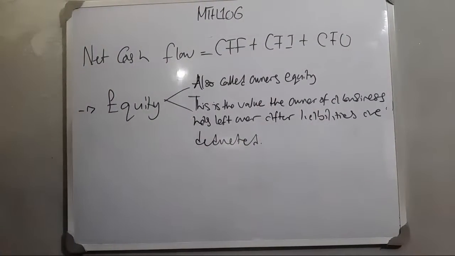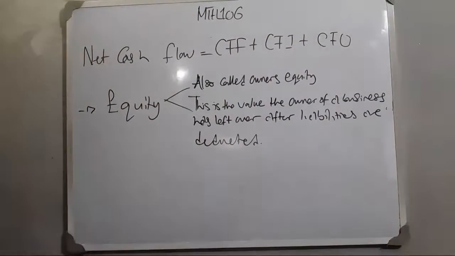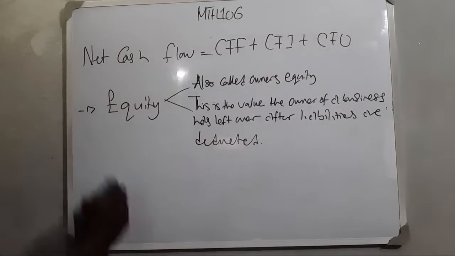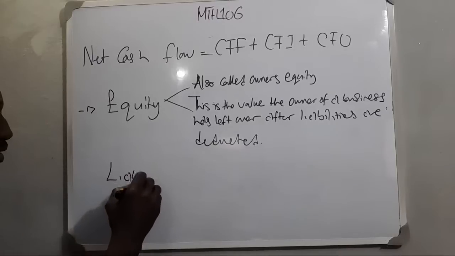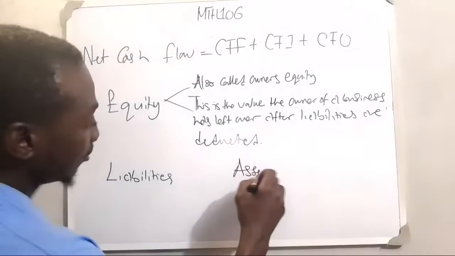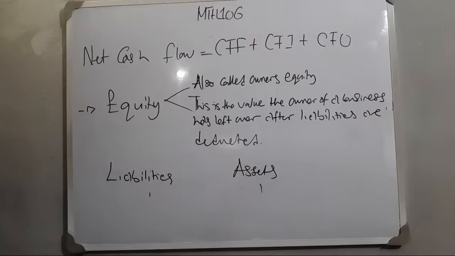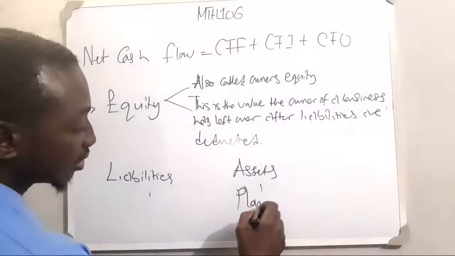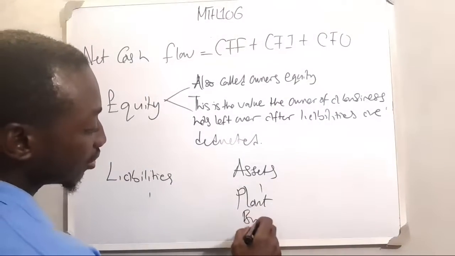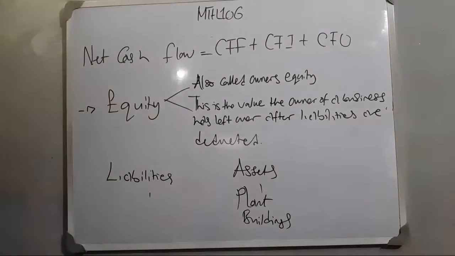This course has some parts of accounting, as well as accounting terms: liabilities, assets. All these are accounting terms. For assets, we have plants, buildings, land.